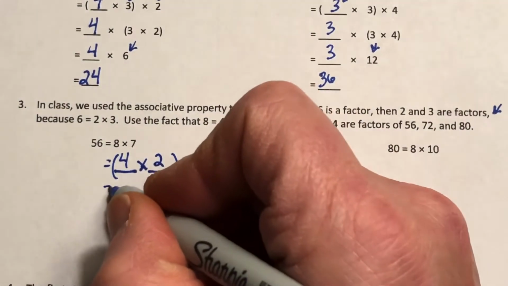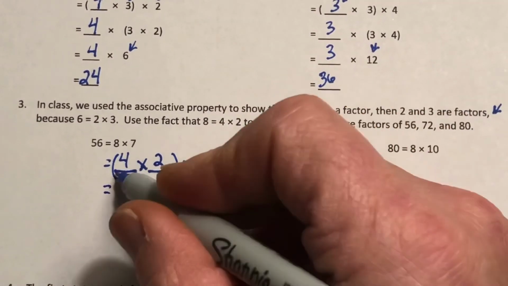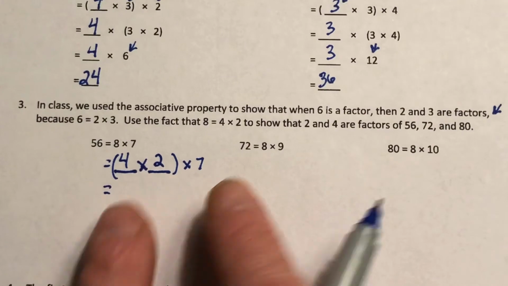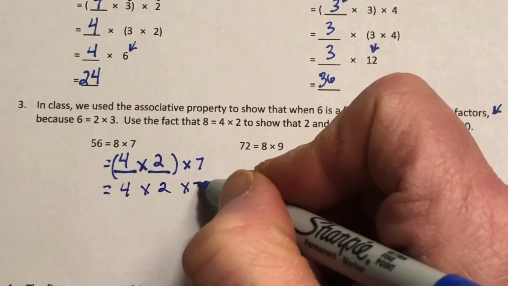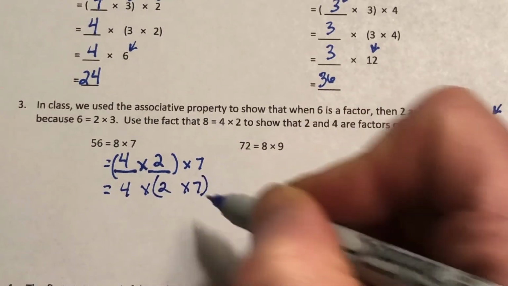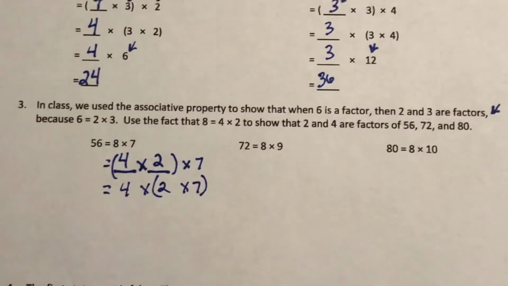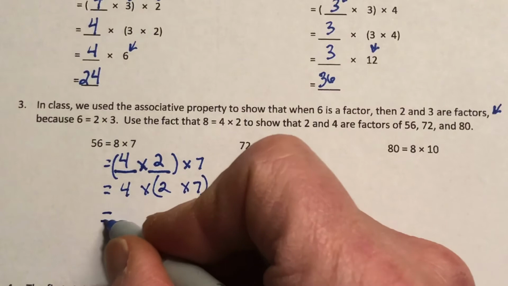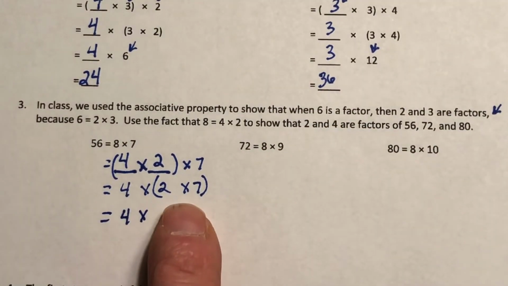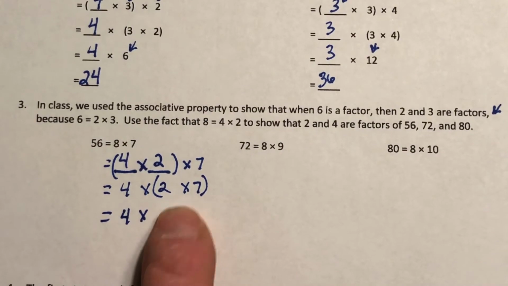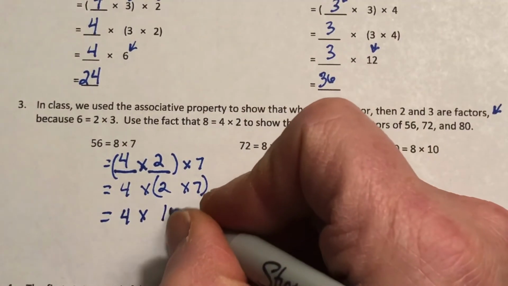Now for this one, we're going to shift these parentheses over to the 2 and the 7. So we're going to go 4 times 2 times 7. And we're just going to shift these over like that. Okay, we're just going to move it over. Then we're going to bring this 4 down. We're going to multiply it by what this number is right here. 2 times 7 is 14.